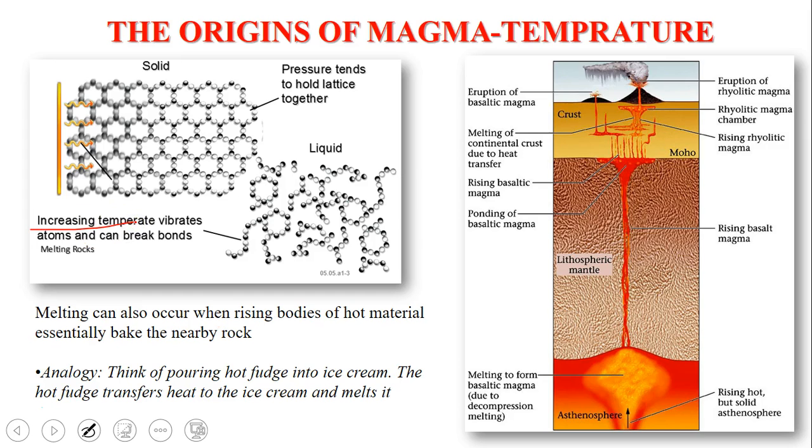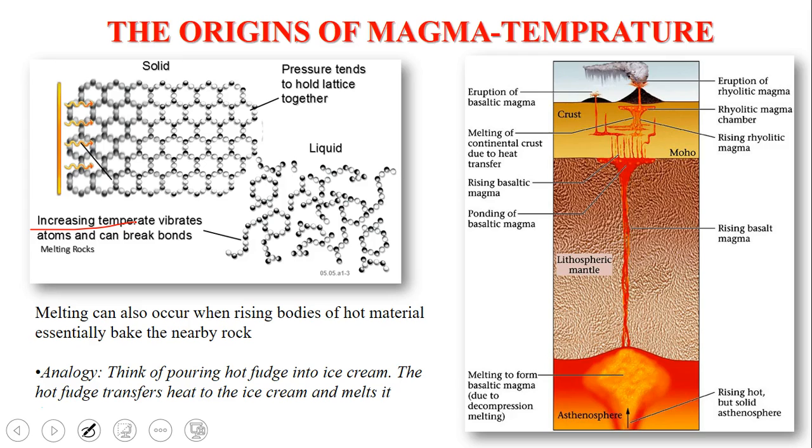Increasing temperature vibrates atoms, and you can end up breaking the bonds. As soon as you do this on pre-existing rock, that rock is melted, and now you have the origin of magma.